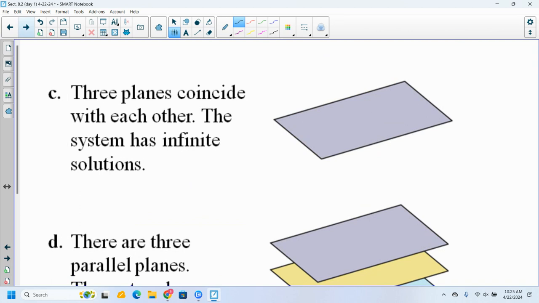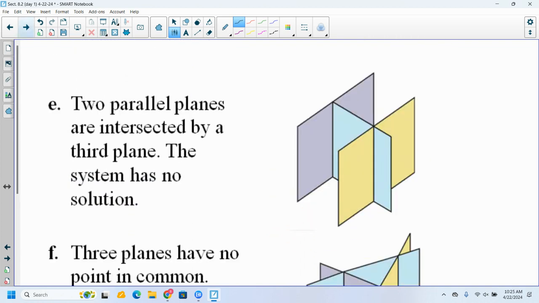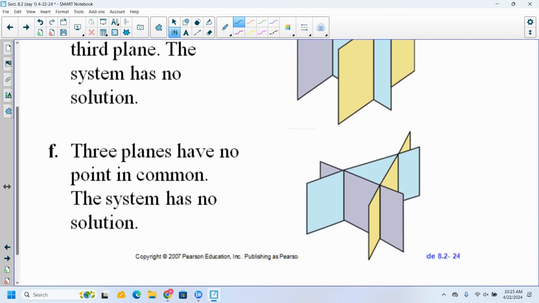So we have 2 cases for infinite solutions. They could all be parallel, no solution. Or 2 planes are parallel, the third one intersects it, no solution. And lastly, we can have just the way they intersect. They do not intersect at the same point, no solution. Okay, so we got more options than we had before, but we only have one solution, infinite solutions, or no solution.